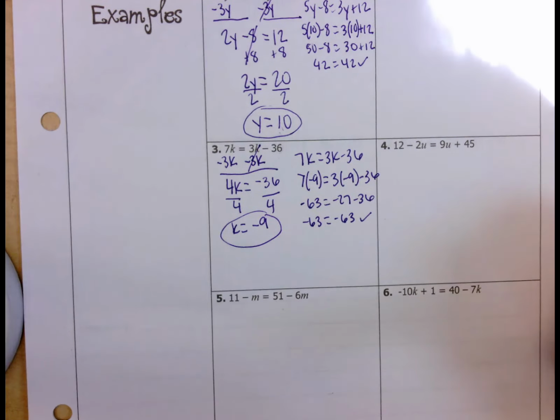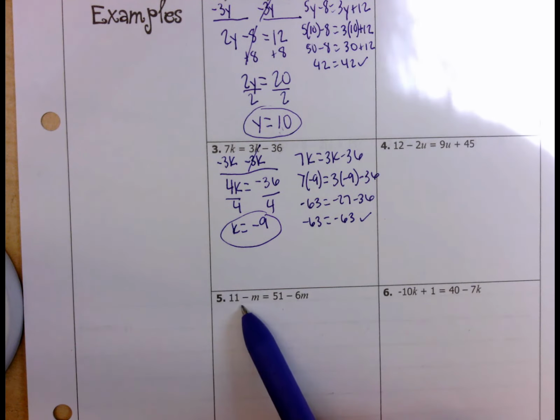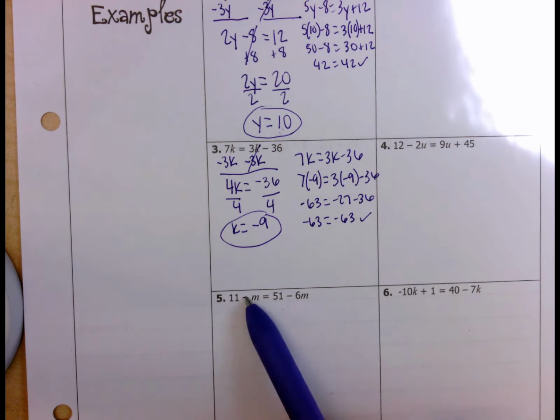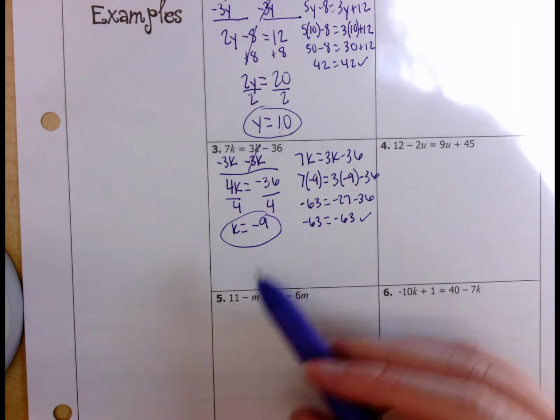Okay, so third step is to move your variables to one side. So pick a side. It doesn't matter which side. You can move the negative 6m over here, or you can move the m over here. It does not matter to me which one you do. I'm just going to go ahead and move the m over to the right because we haven't talked about moving anything to the right before, so we'll just see what that looks like.